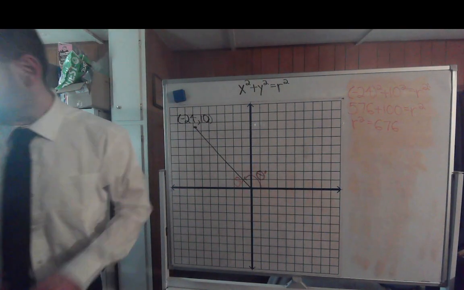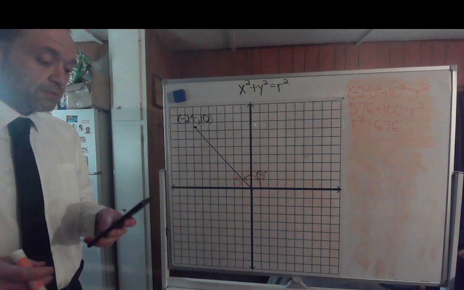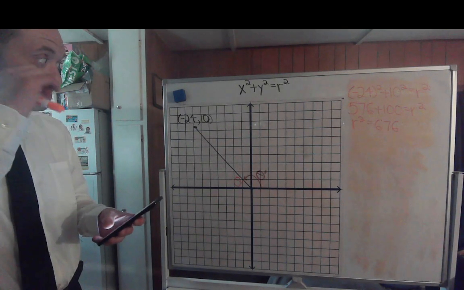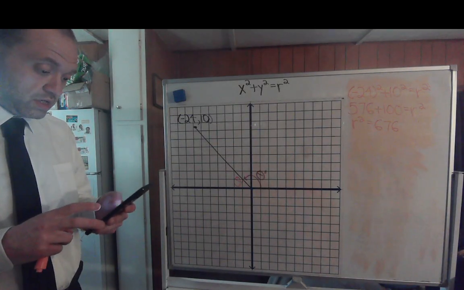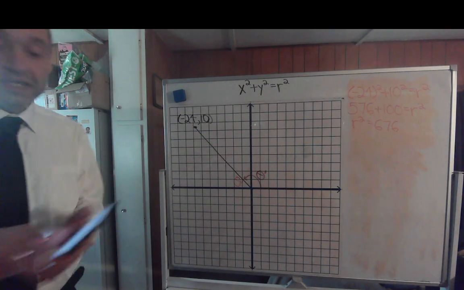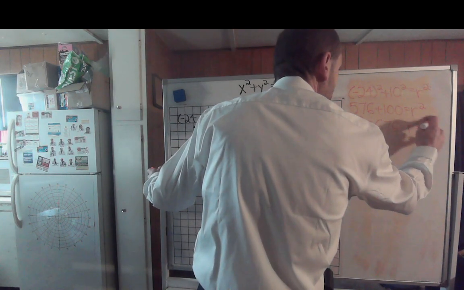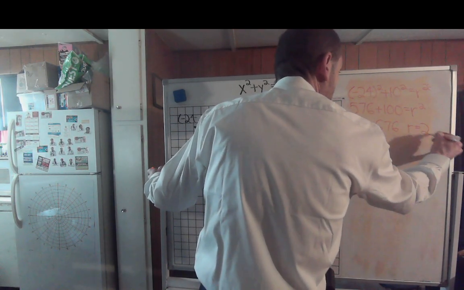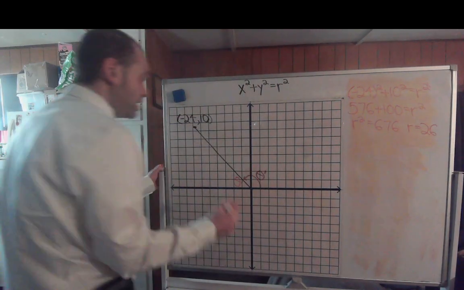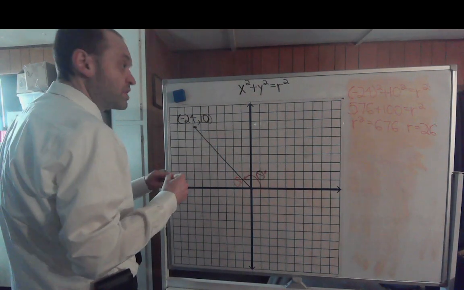So that means that r squared equals 676. And I'm simply not sure if that's an even root or not. I would like to believe it is, but I don't rightfully know. It is. It's 26. So that means we get a radius of 26. And again, no matter what quadrant we're in, we're going to have a positive radius.